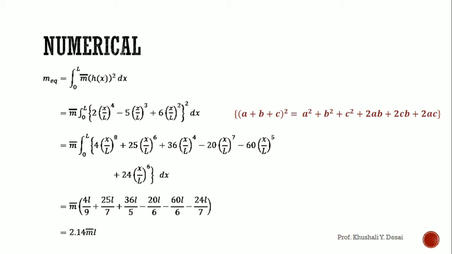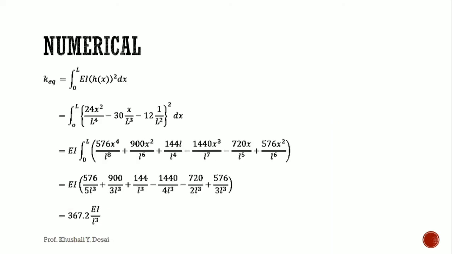So solving this, m equivalent comes out to be 2.14 m bar into L. Similarly, k equivalent has equation integration from 0 to L EI h double dash of x the whole square dx. Again, solving everything and keeping EI and L as variables, k equivalent comes out to be 367.2 EI upon L cube.